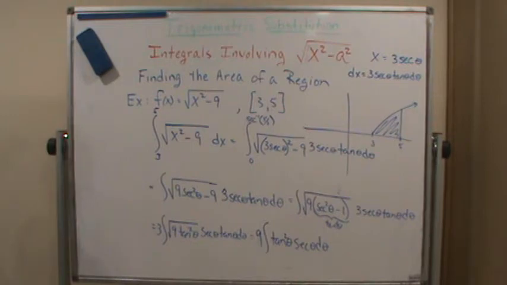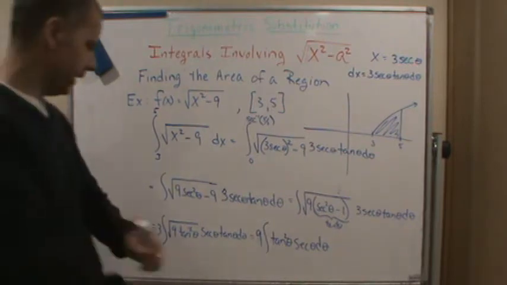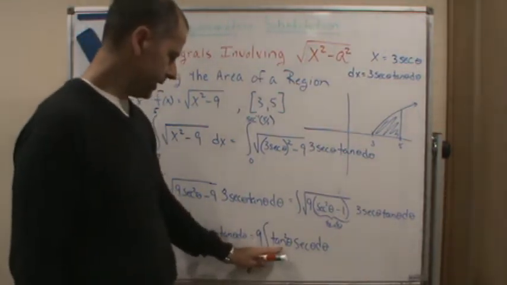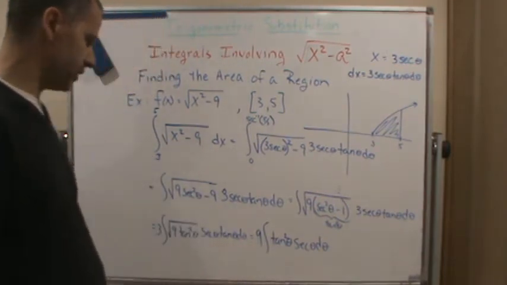Okay, we've seen this before. In this case, we're going to use the identity to change this to secant squared.